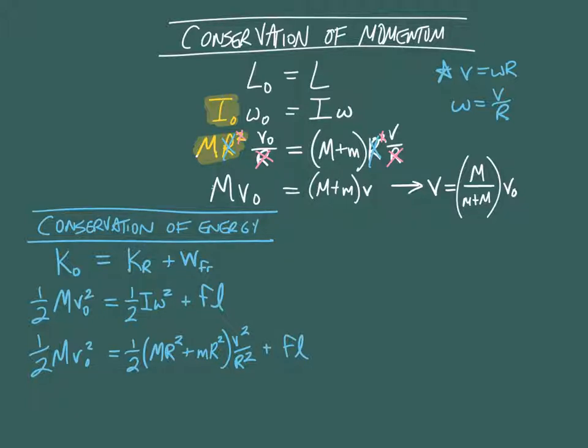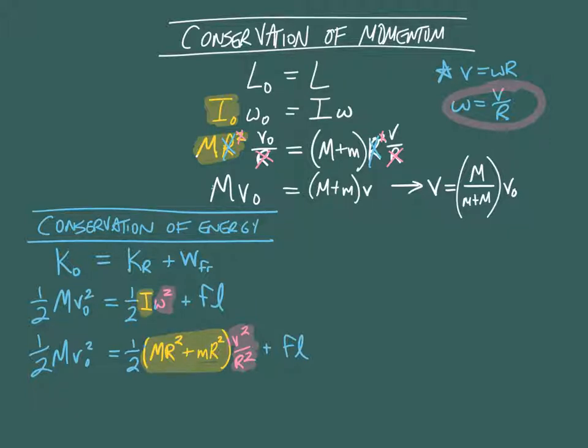So the thing I want to be clear about here is this rotational inertia is all bottled up in that. And omega squared is just v squared over r squared, just like up here. So that's the only thing that changed in this transition.